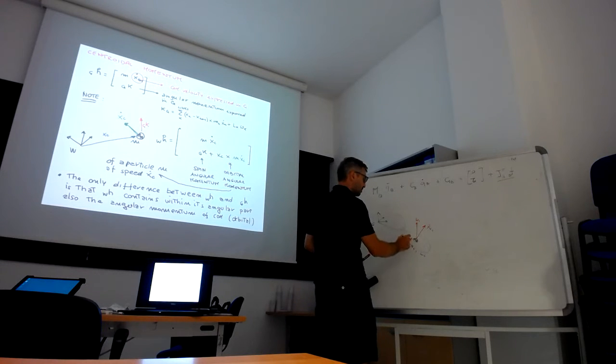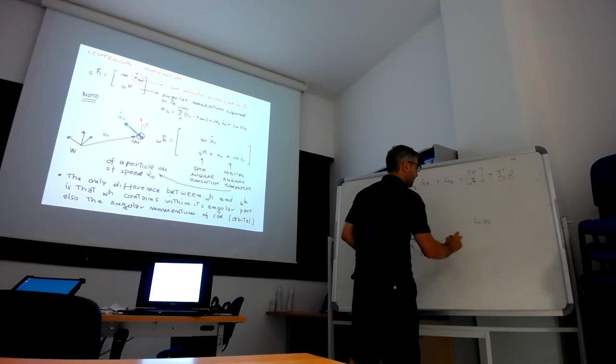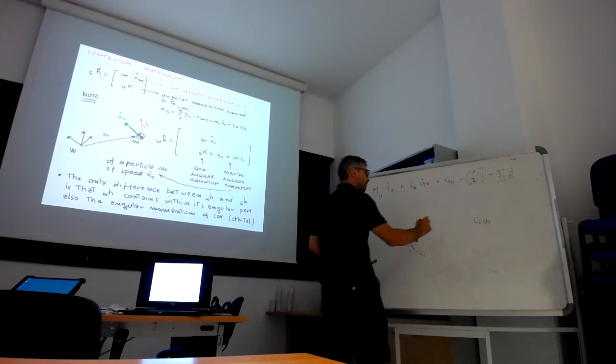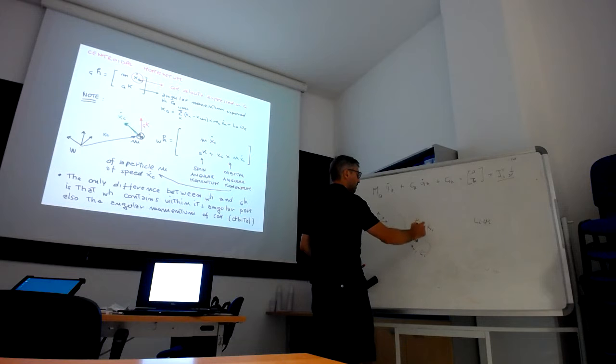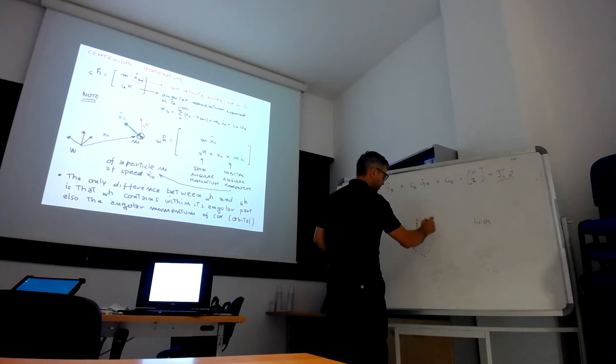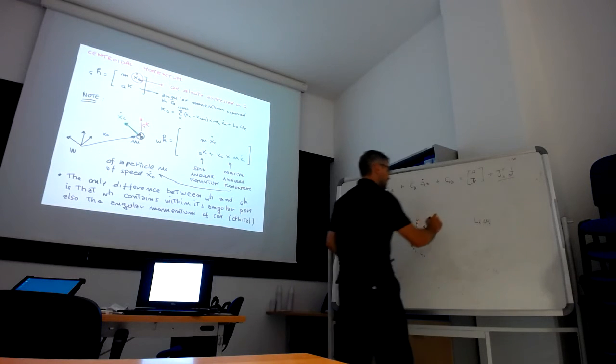So the contribution is to compute the contribution due to the rotation around the central mass itself, which is Li omega i, plus the angular momentum of the velocity of the central mass of the link with respect to G.